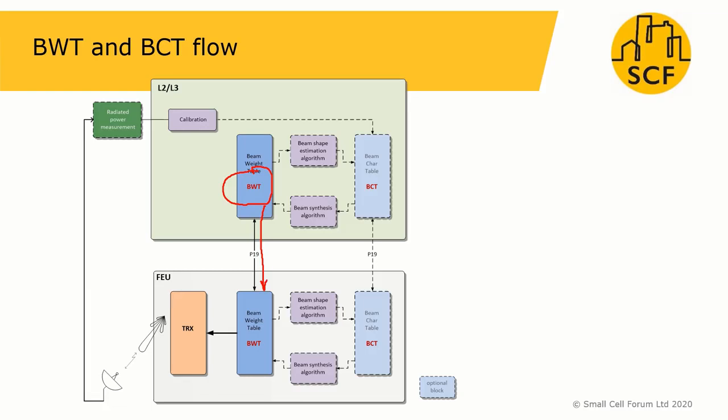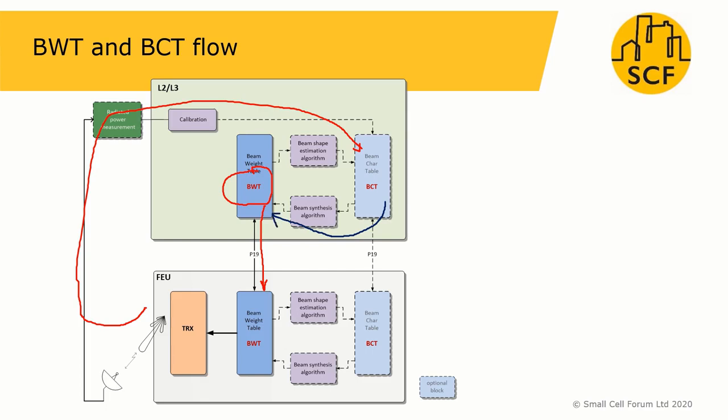The beam radiation pattern then can be characterized through lab measurements, and then the results can be used to construct the beam characteristics table as shown in the red path. Or alternatively, given a desired beam pattern in the beam characteristics table, the beam weights required to generate it can be synthesized using mathematical tools as shown in this path.